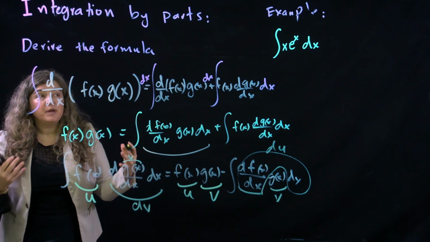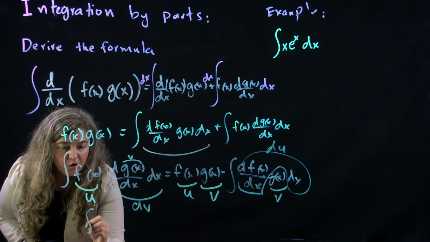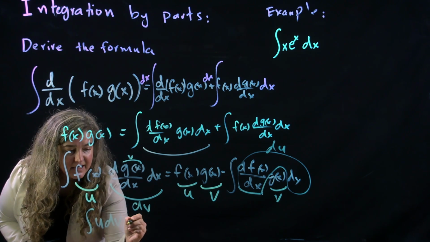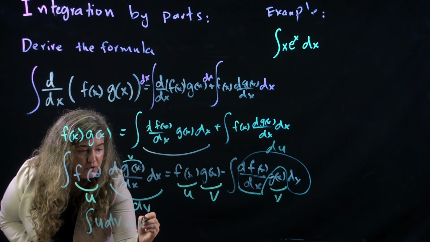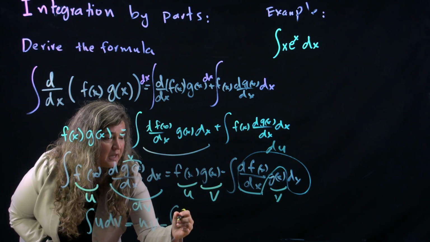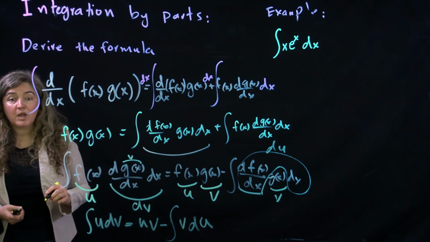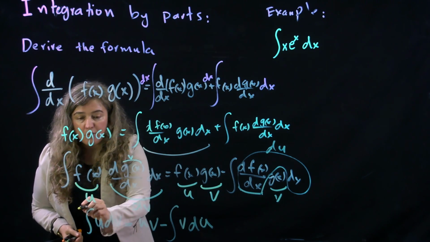So the formula becomes basically the integral of u dv is equal to uv minus the integral of v du. Nice. So this is the formula.